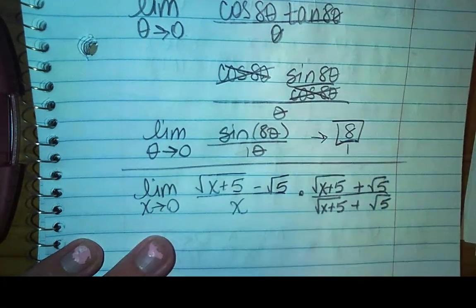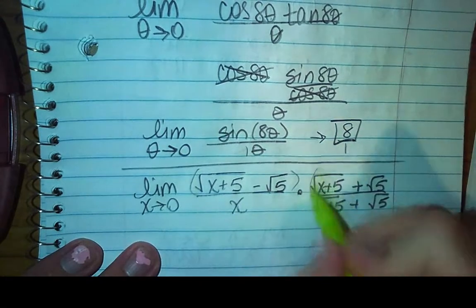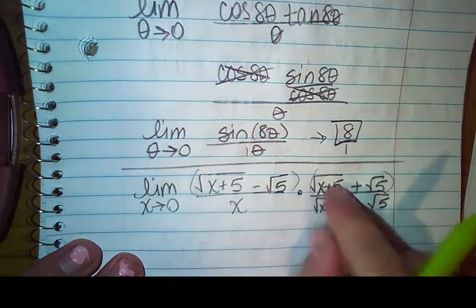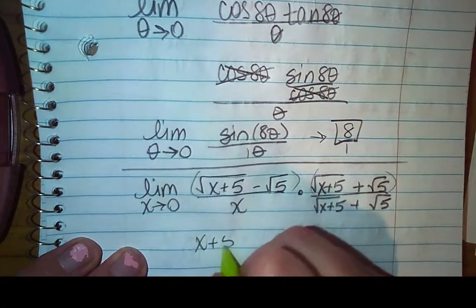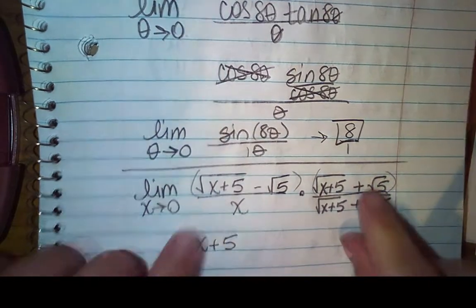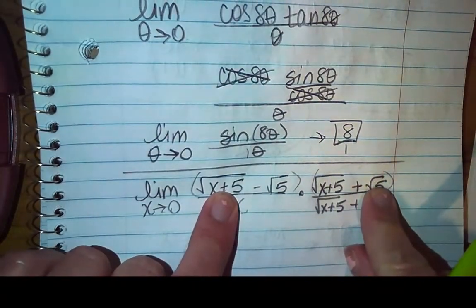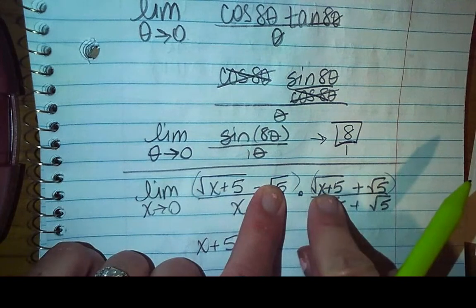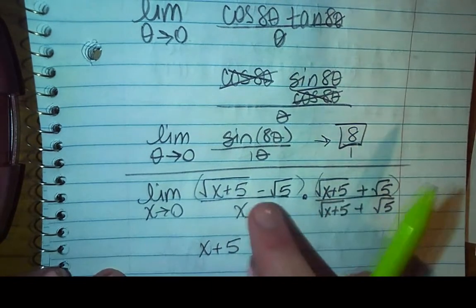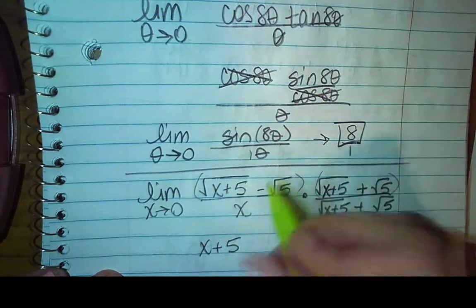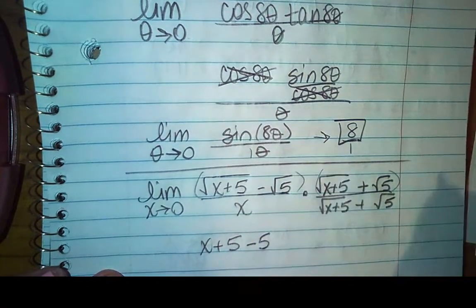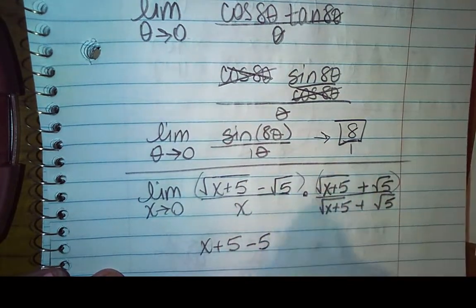Okay, so when I do that, remember you're going to FOIL across the top. So root x plus 5 times itself is x plus 5. Then you'll have a positive root 5 times this and a negative root 5 times this, so they'll cancel. And then a negative root 5 times a positive root 5 is a negative 5. Okay, because the 5 pops out and it's a negative answer.